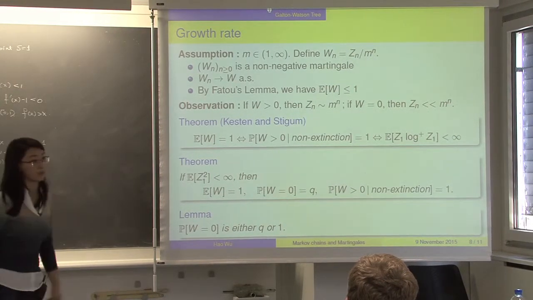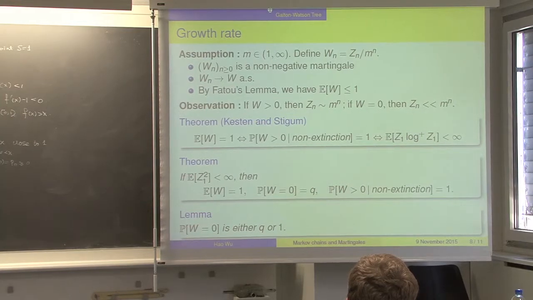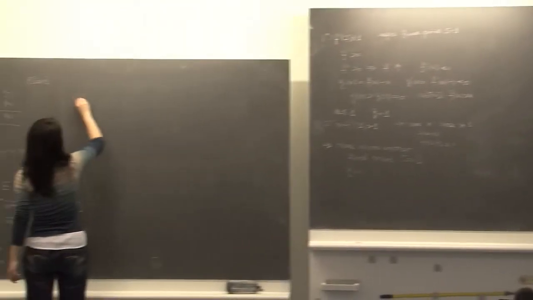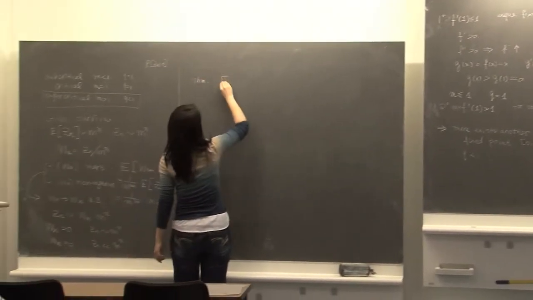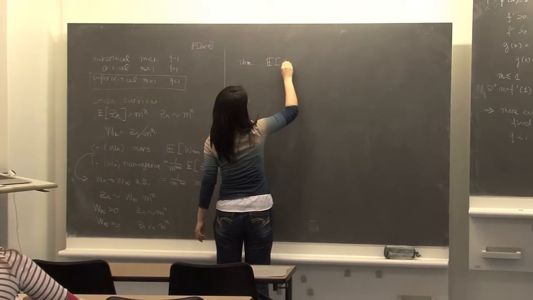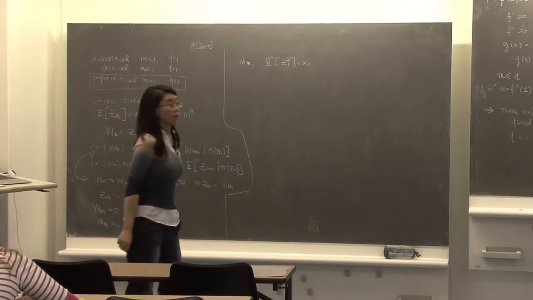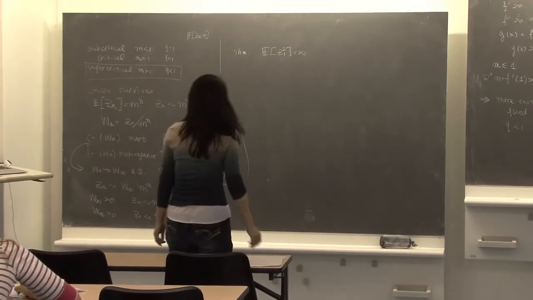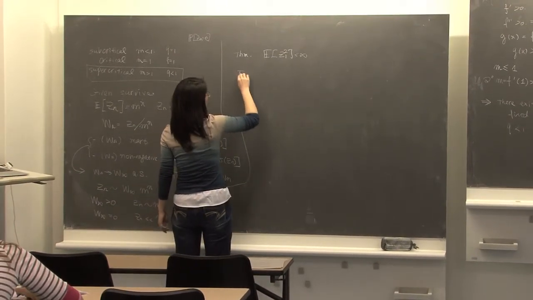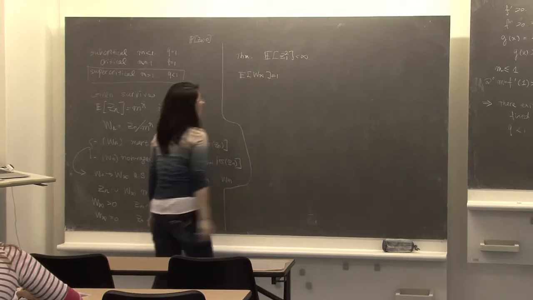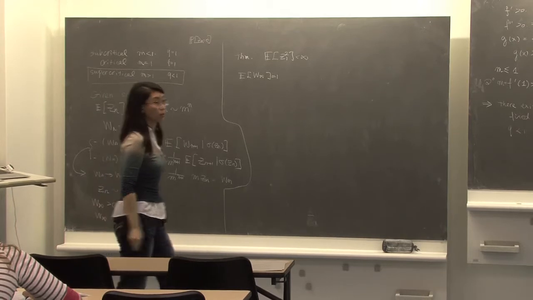We will prove a weaker version of the theorem. The weaker version says, suppose the random measure is square integrable. Then we can answer the question. So the answer is, we have that the expectation of W infinity equals 1.